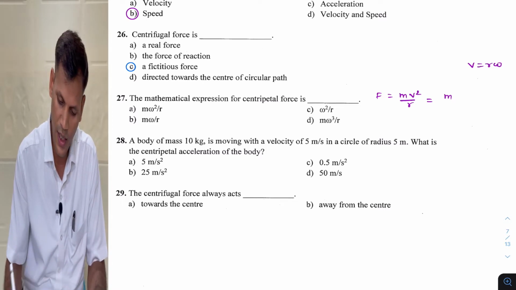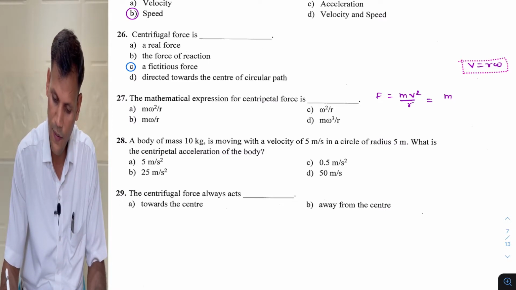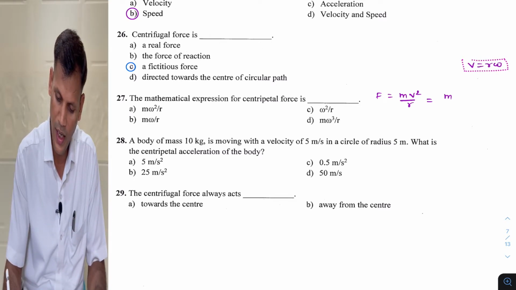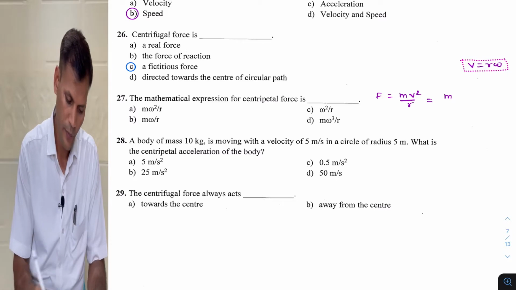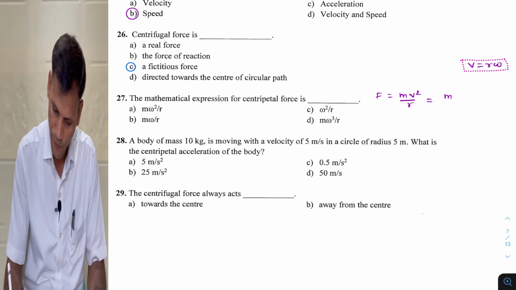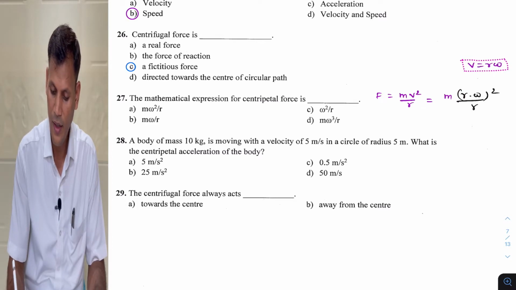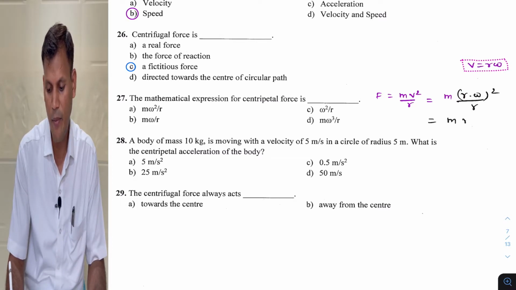That concept we can use over here, this formula. So instead of v, we can write r into omega. So this term will be r omega, that whole square by r. So it can be written as m r square omega square by r.